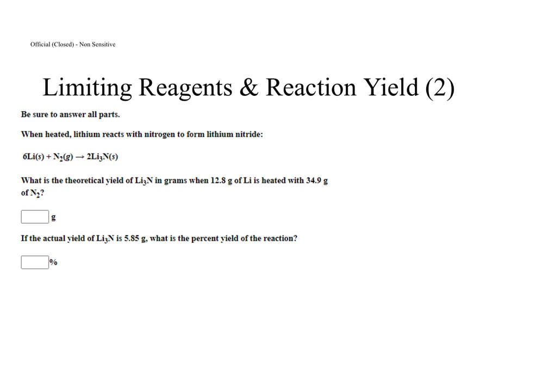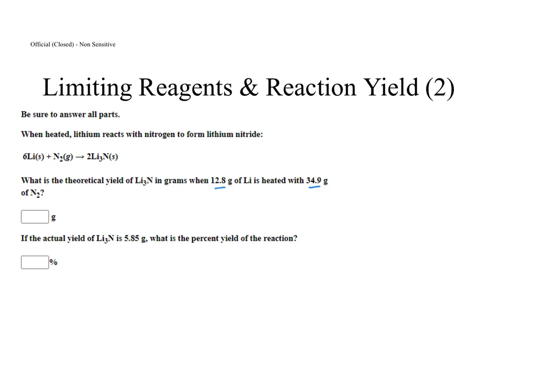Now let's look at another question that's quite similar. So here we have an equation showing the reaction between lithium and nitrogen to form lithium nitride. So you're given 12.8 grams of lithium and it's heated with 34.9 grams of nitrogen. So first of all, we don't know whether they are added in stoichiometric ratio or which one is the limiting reagent. So first we have to find this out.